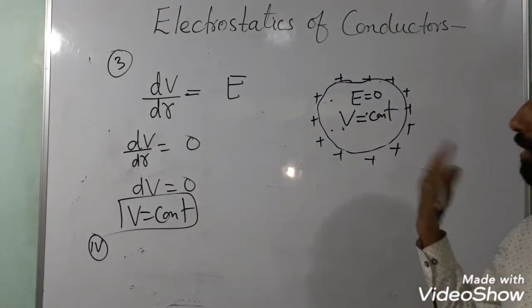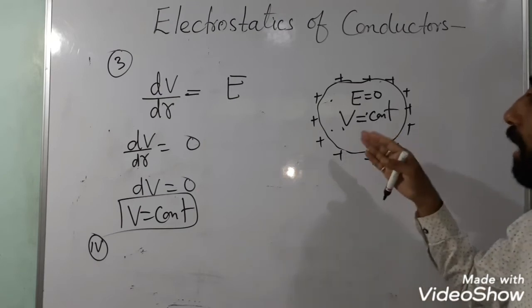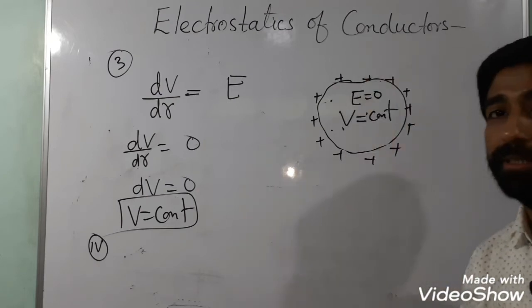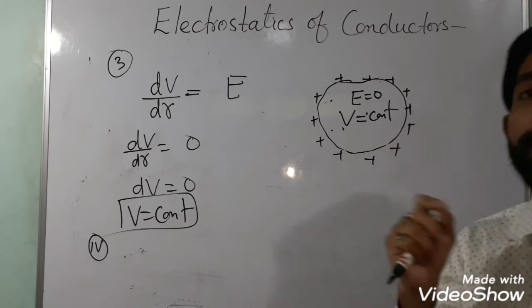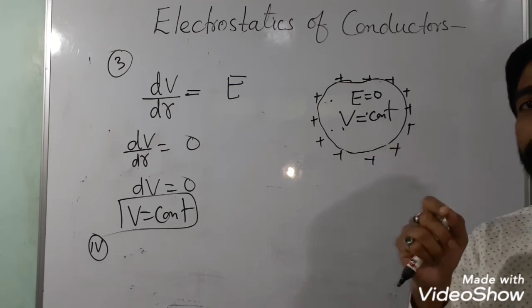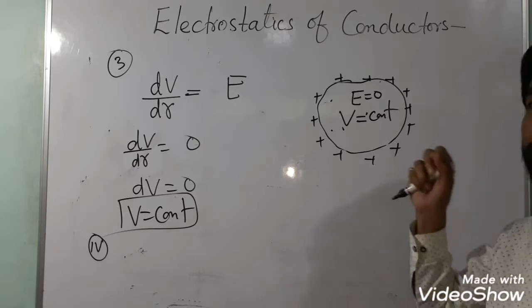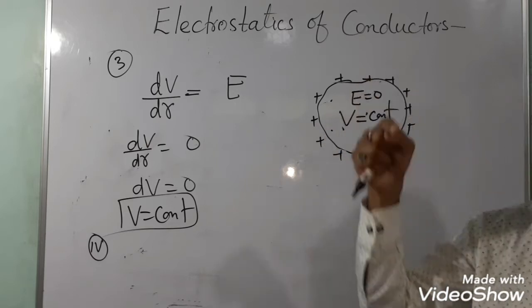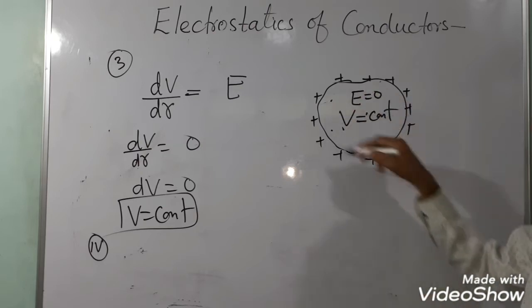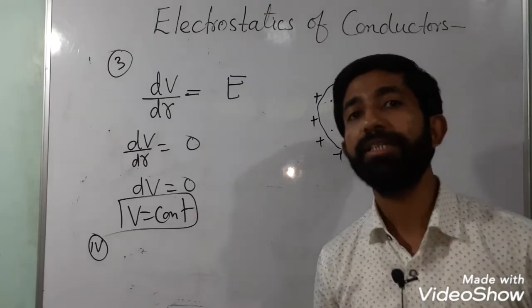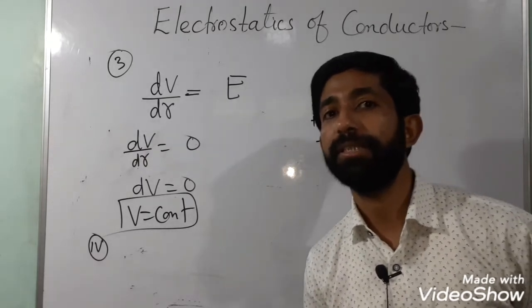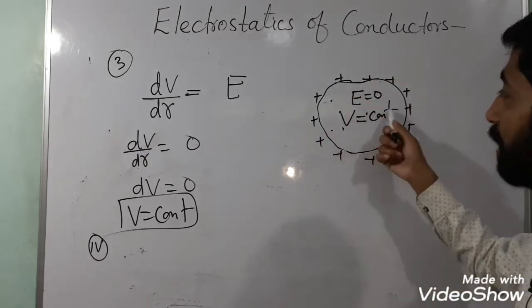Whatever charge it is given, all the charge goes to the outer surface. If it is charged, what do you mean by charged? Somebody is embedding charge on it, and all those charges simply go to the external or outer surface. It means it does not include any charge inside it.